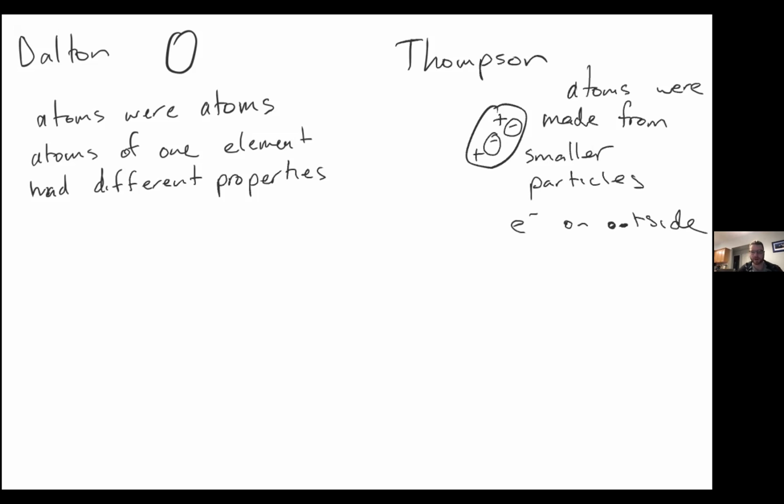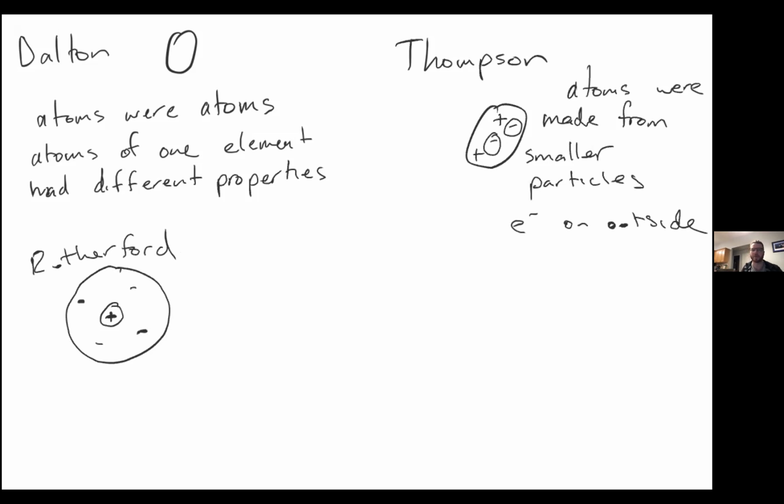Okay, moving down to Rutherford. So he kind of had his positive nucleus with the electrons kind of throughout. He had his gold foil, so this will be Rutherford.